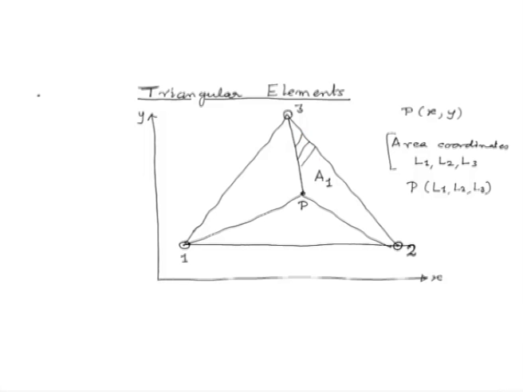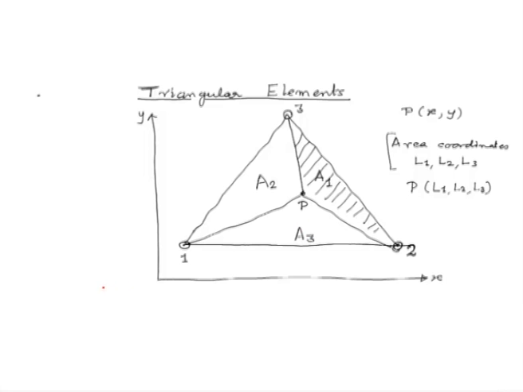This is the one which lies in front of node 1, or rather we can say that the base of this triangle is the side which is opposite to vertex 1. Similarly, the area of the triangle whose base is opposite to vertex 2 we will denote by A2, and the area of the triangle which is opposite to vertex 3 we will denote by A3.